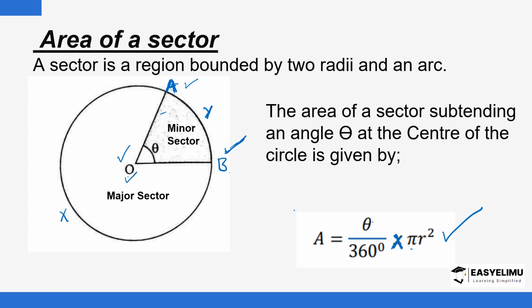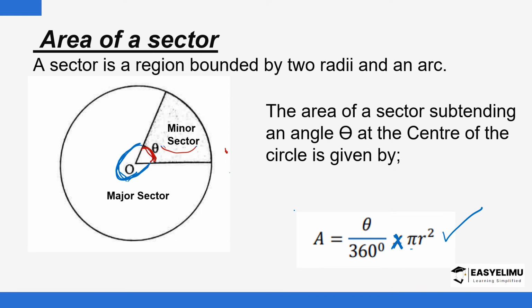So this theta here represents the angle that is subtended by the arc at the center. This angle can be acute, obtuse, or reflex.